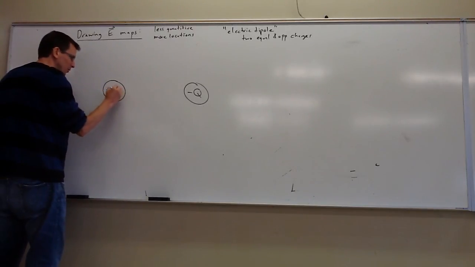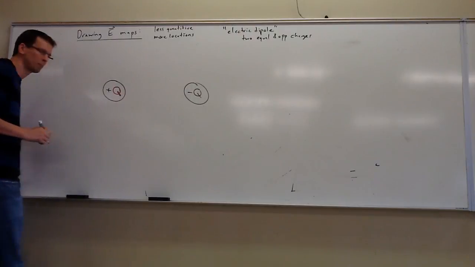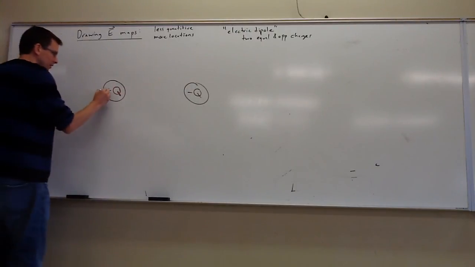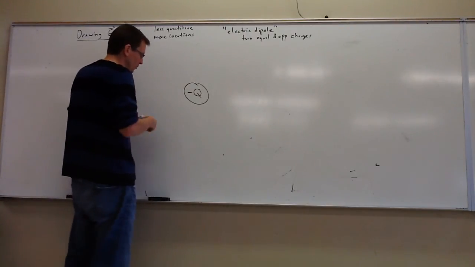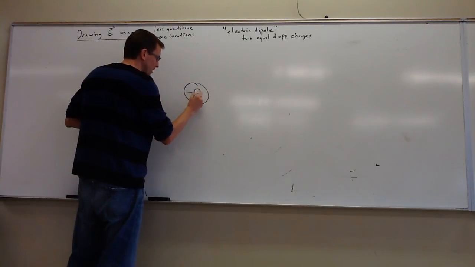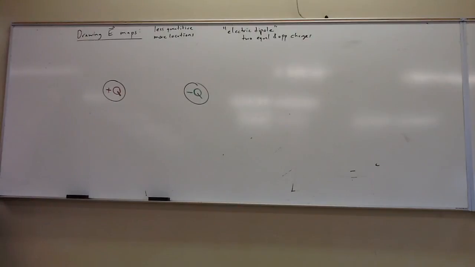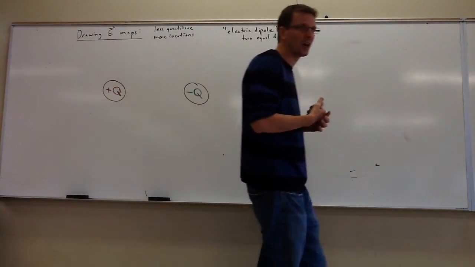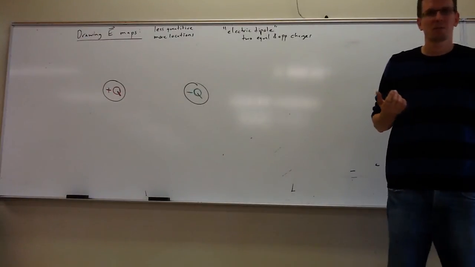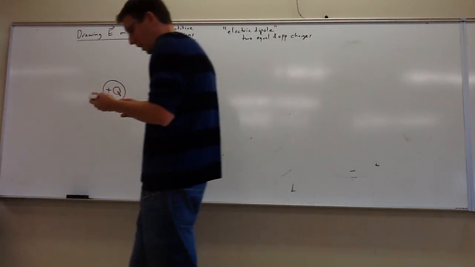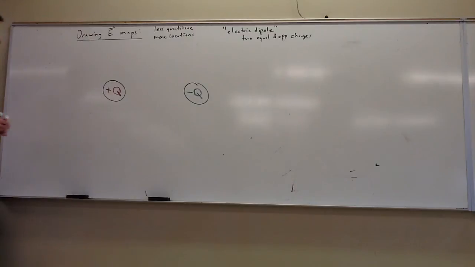First of all, let me label the positive charge on the left with red. And let me label the negative one on the right with green, just so that I can keep track of what's going on. If you have some different colored pens, or maybe just a pen and a pencil, that would be great. You might want to put in your notes the same way.